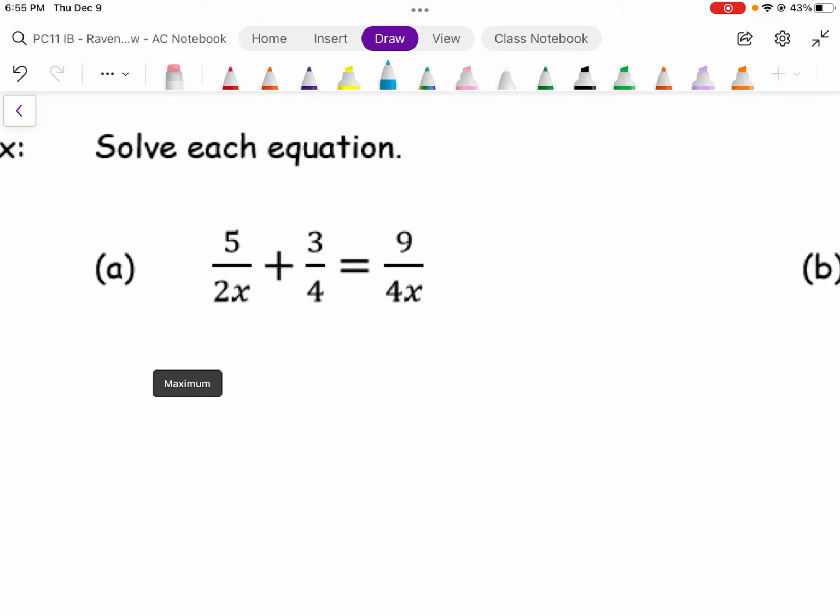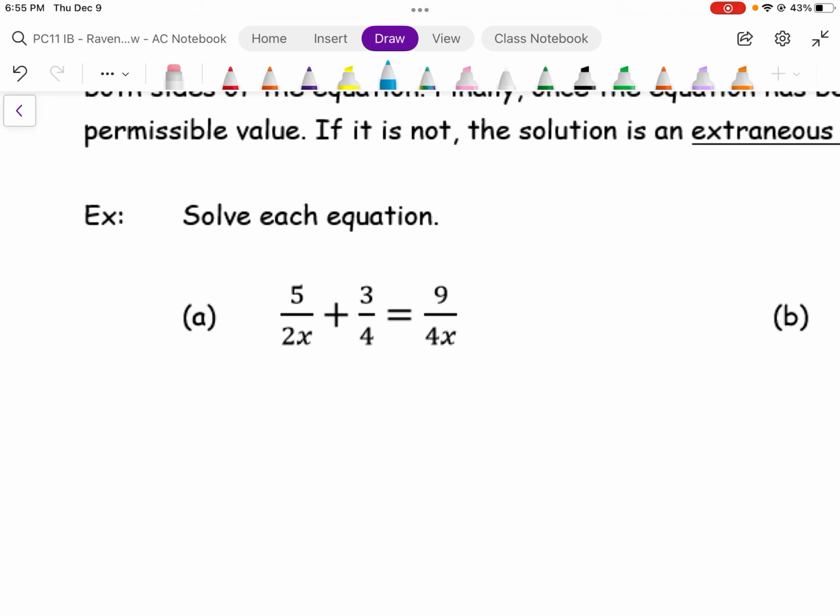Let's start off with this first example. Now, my lowest common denominator is going to be 4x. If you take a look at the first expression, I have a factor of 2 times x. The next one, 4, is a factor of 2 times 2.